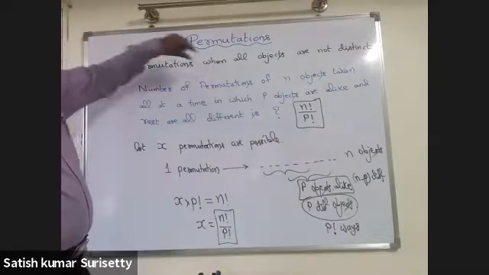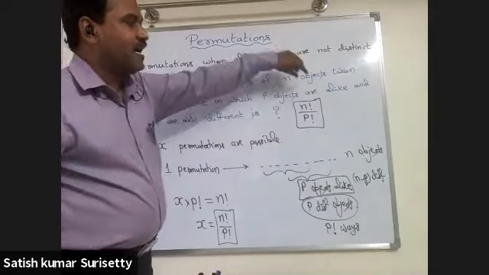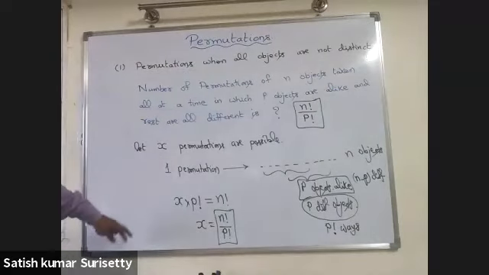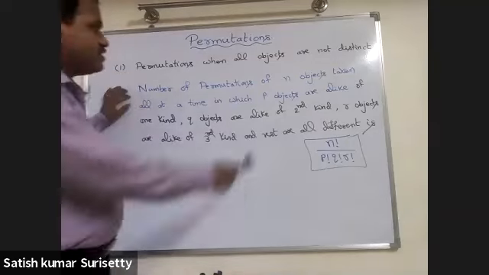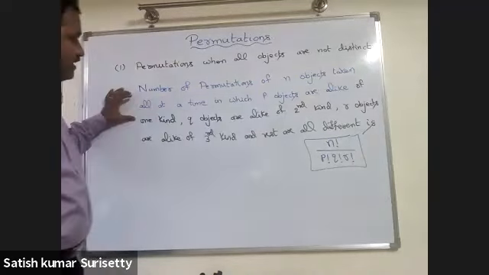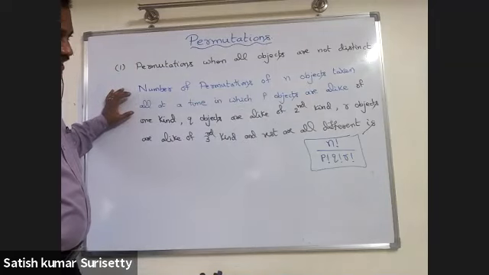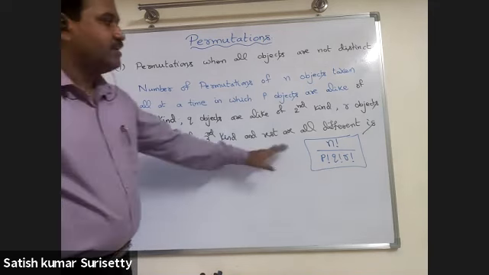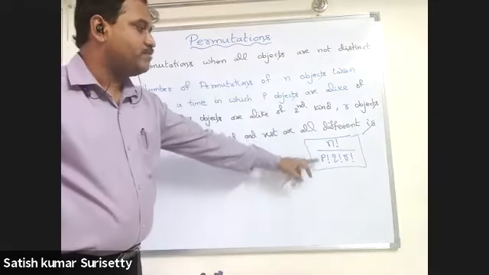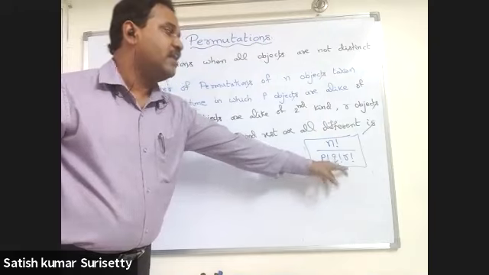But here only p objects are alike, and this can have an extension also. The number of permutations of n objects taken all at a time, in which p objects are alike of the first kind, q objects are alike of the second kind, r objects are alike of the third kind, and the rest are all different, is n factorial upon p factorial, q factorial, r factorial.